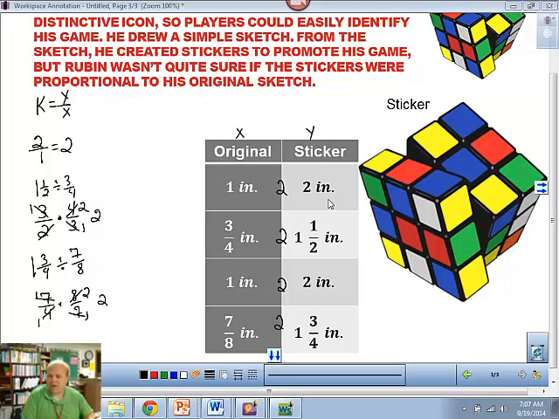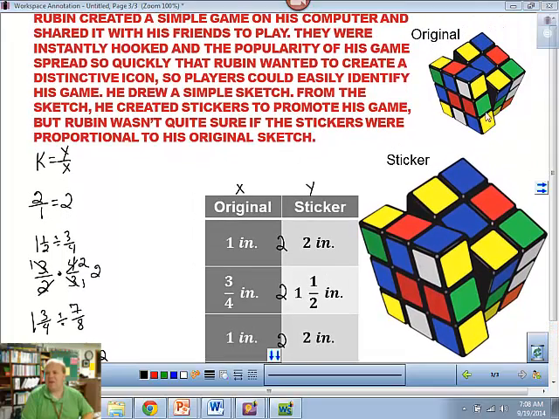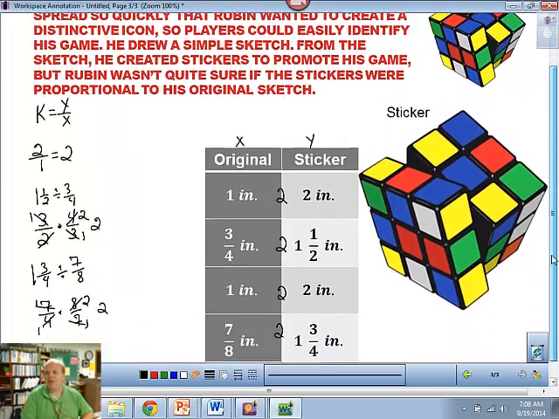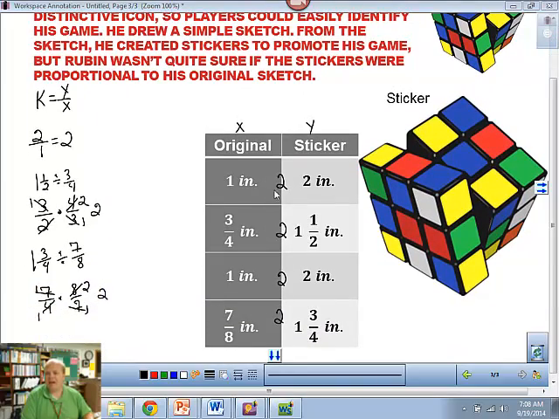Well, I know that because my K is 2, which means that my sticker is twice the size of my original drawing. And if we look at our original drawing here, we can see that the sticker is about twice the size of that. And we have proven that mathematically by finding the scale factor. Okay? Remember, this is called the constant of proportionality.